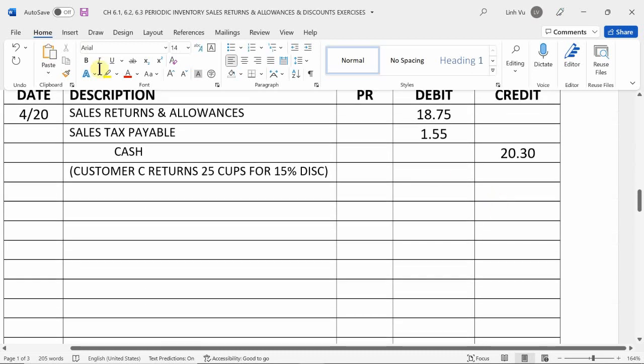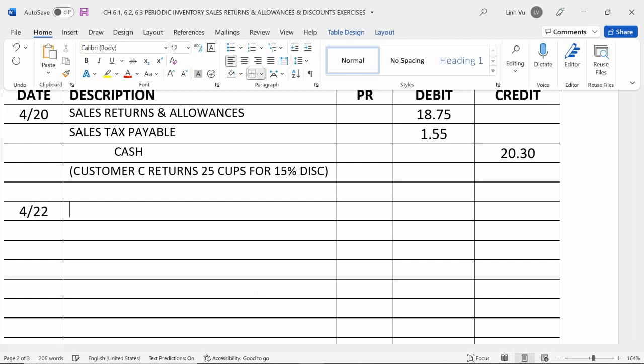So let's figure this out. How am I going to record this transaction? If customer B decides to pay for his purchases, what's my first assumption that I'm going to make?